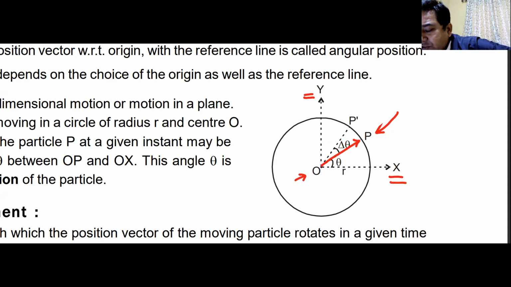That will give me the position of this particle P with respect to O. If it changes its position, I can draw a second vector from O to P dash, its new position, and that will give me the new position vector of this particle. If it goes somewhere else, let us say P double dash, I can again draw a vector from O to P double dash, and I can repeat the same process for all these points on the circle.